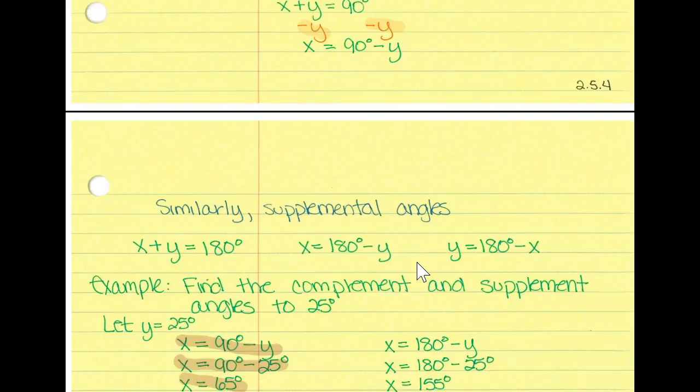Therefore, our complementary angle is 65. Likewise, I can use that x equals 180 minus y, use what I know for my angle y, plug that in, and therefore my supplementary angle to 25 is going to be 155 degrees.